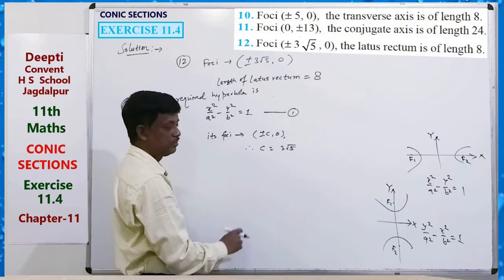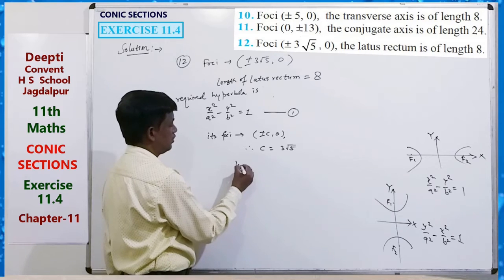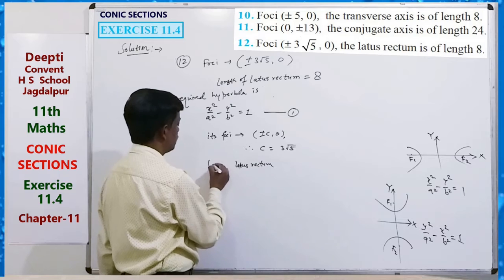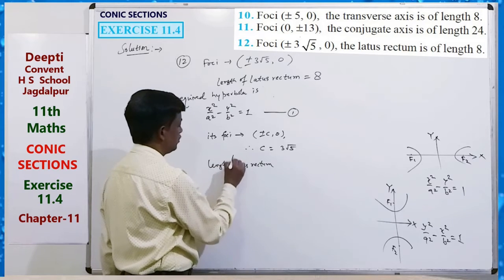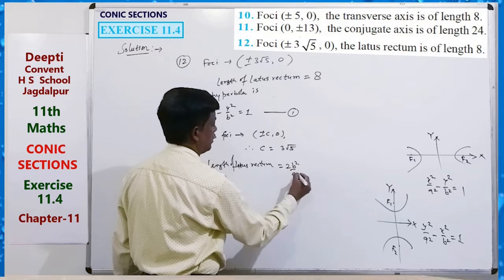Length of latus rectum equals 2 b square by a.